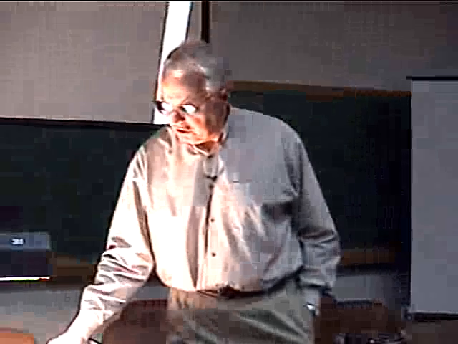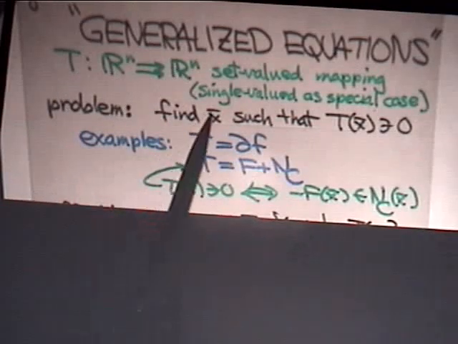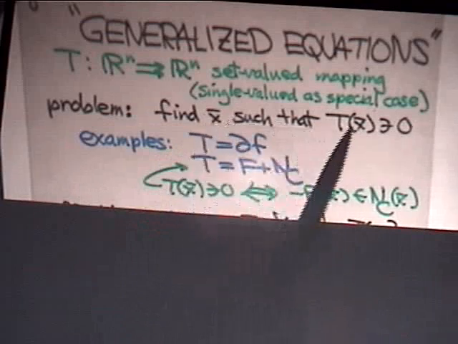In this talk, I'm using the term generalized equation. A generalized equation is something that could, in a special case, become an equation, so it's not terribly different. I'm thinking of a set-valued mapping T from R^n to itself, and what I want to do is find an x bar such that T of x bar contains 0.